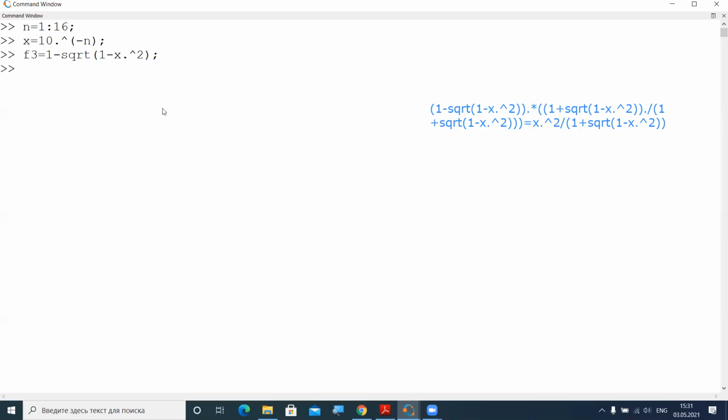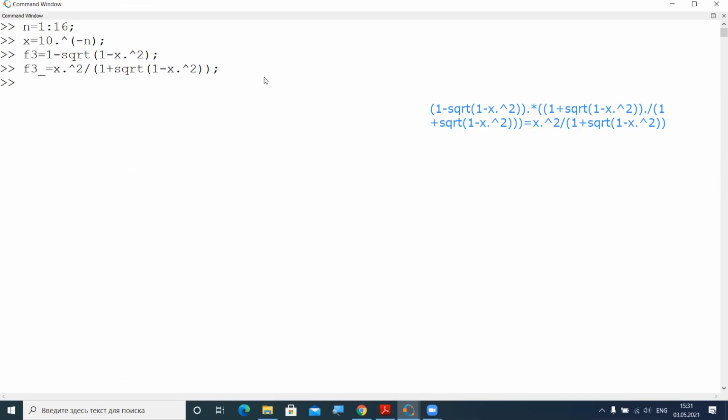And now the new f3, f3 underline, equals this function. You can see here how we get it.